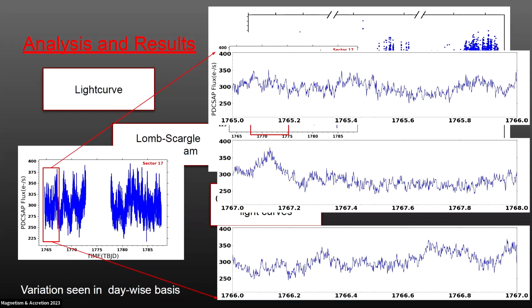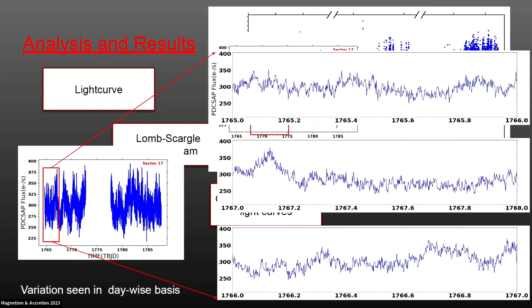So first, as usual, we do the light curve analysis. Then we do the power spectra analysis using the Lomb-Scargle periodogram. From the Lomb-Scargle periodogram, we identify different periods.